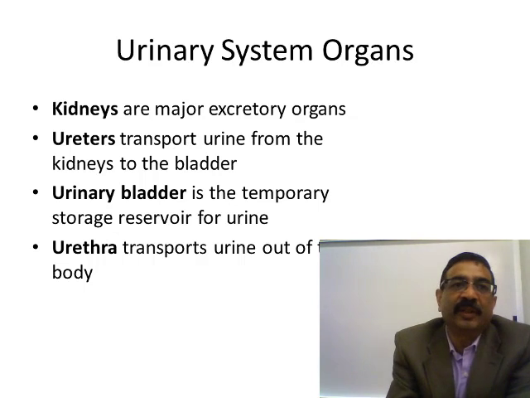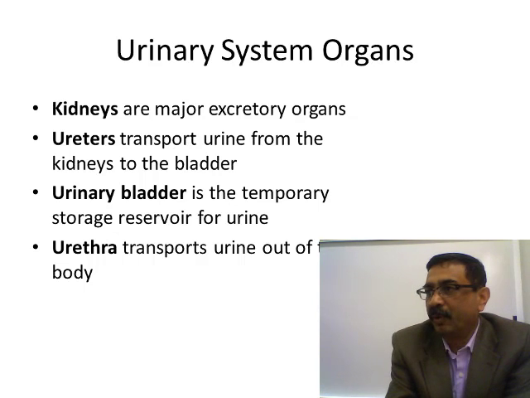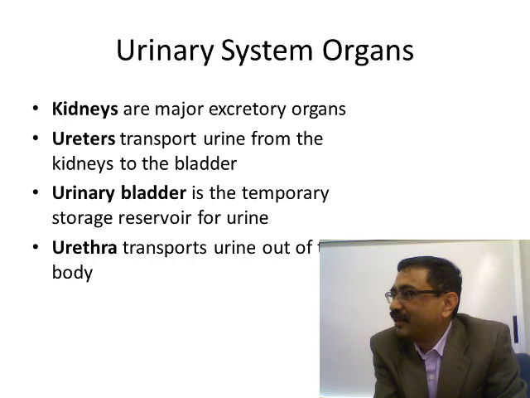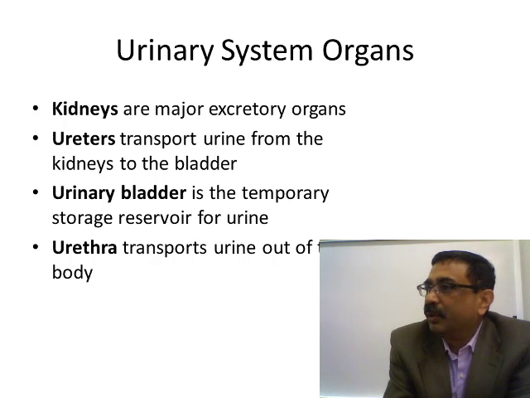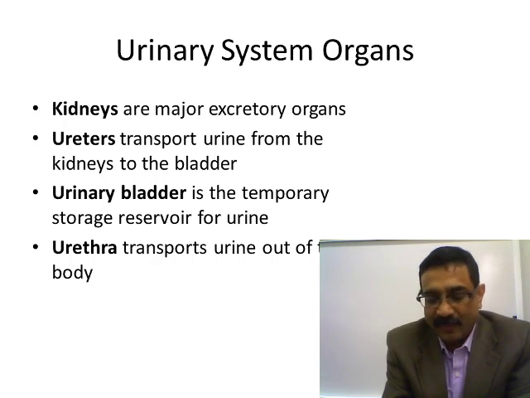Kidneys are the major excretory organs of your body. That means most of the toxic chemicals get out from the body through the kidneys. That's why kidneys are the main excretory organs.